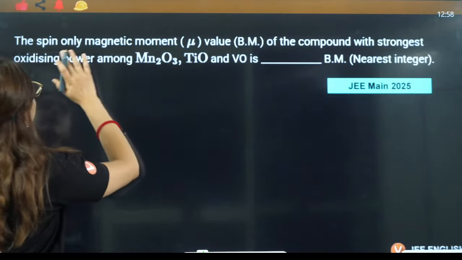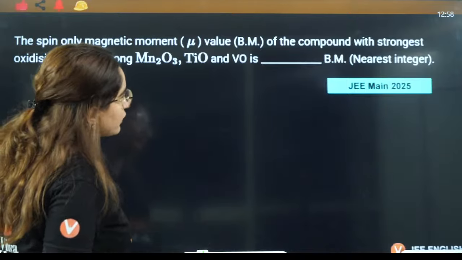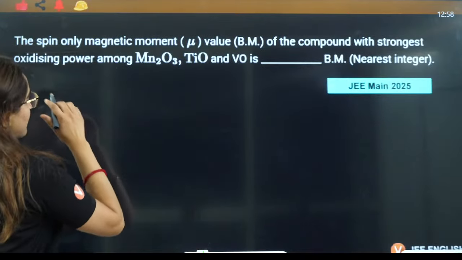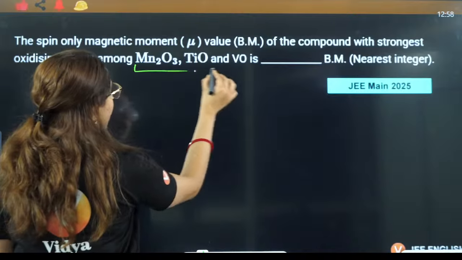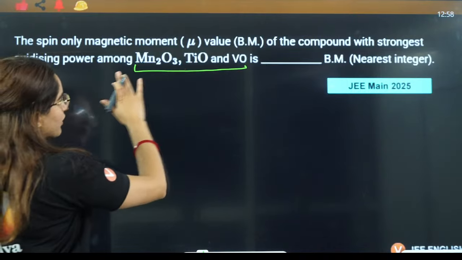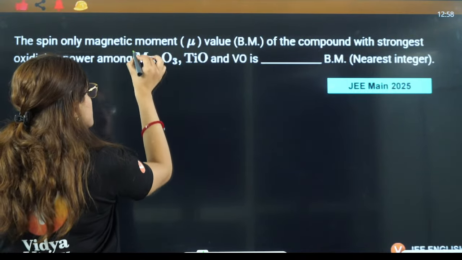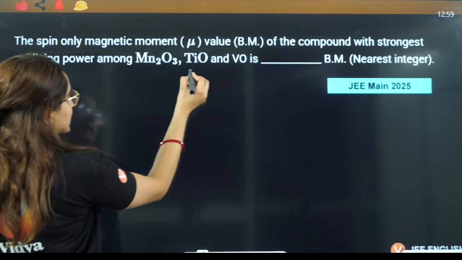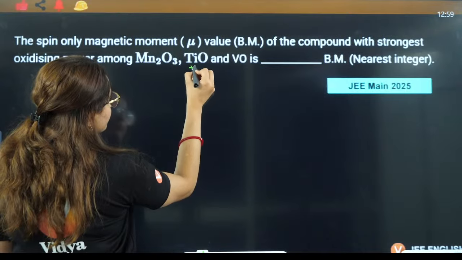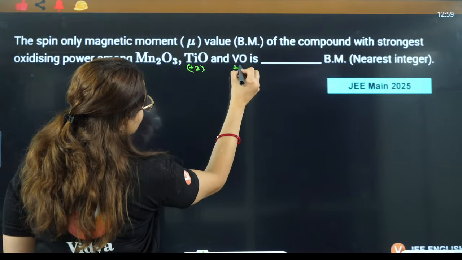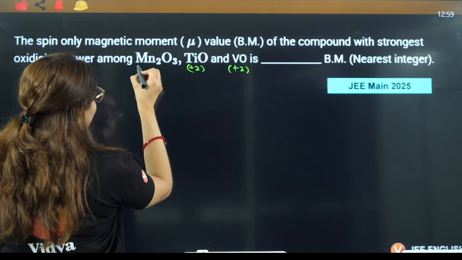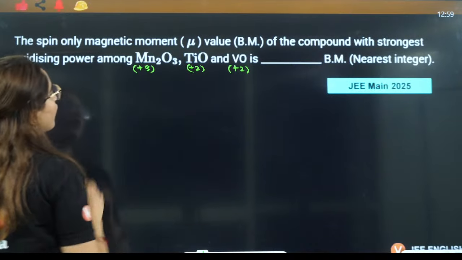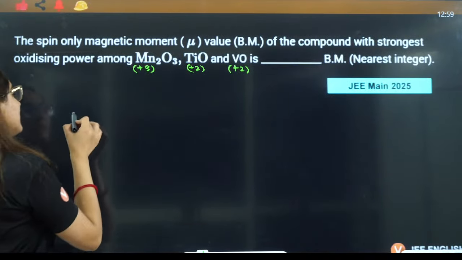Achha, tell me. Spin only magnetic moment of the compound with strongest oxidizing power. Out of these, you should know which one has the strongest oxidizing power. So this one has the strongest oxidizing power. I'll tell you how. This is titanium plus 2. This is vanadium plus 2. This is manganese plus 3.